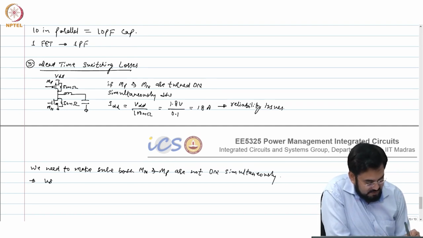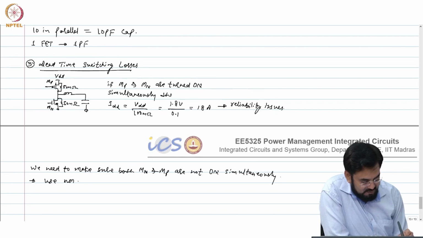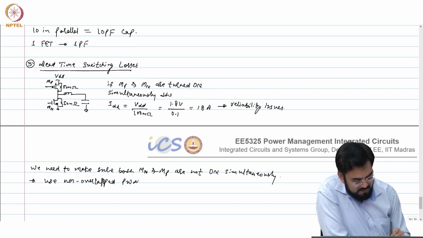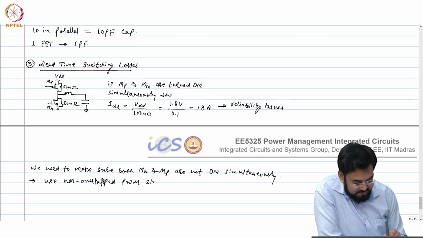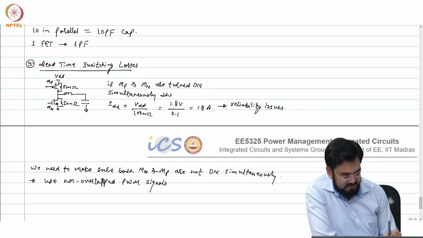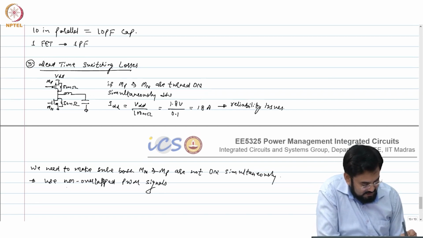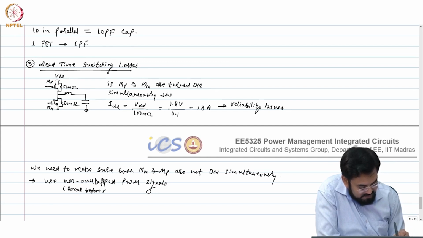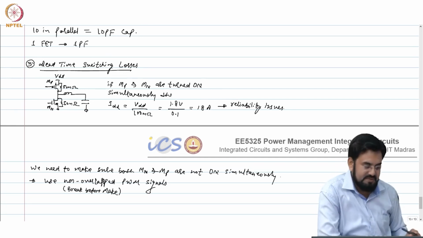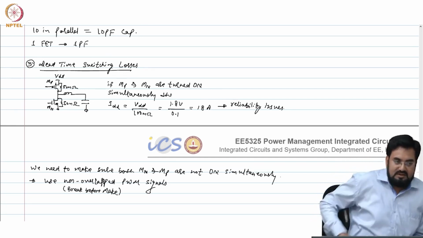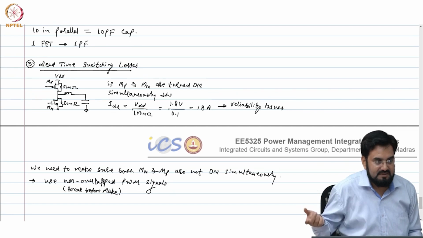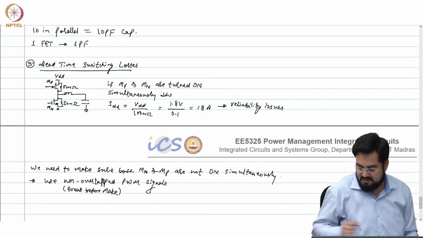So use non-overlapped clocks. You can also go break before make, which means you turn on the other switch, but you have to break the current switch before you turn on the other switch.